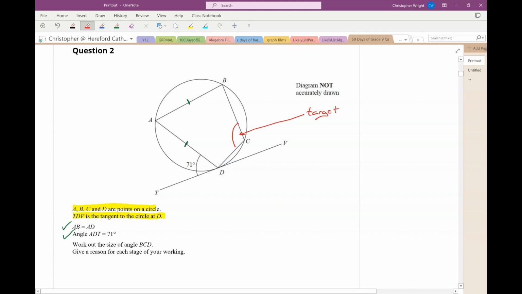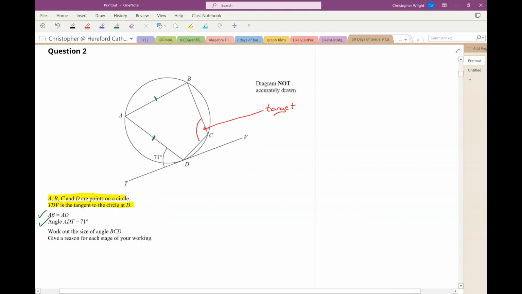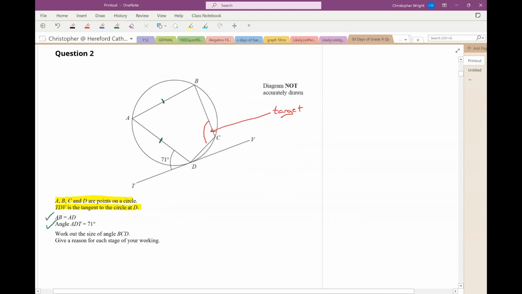Give a reason for each stage of your working. Well, I've got the tangent there, haven't I? So if I were to draw a line from B to D, then I could use the alternate segment theorem. That angle and that angle would be equal, wouldn't they?